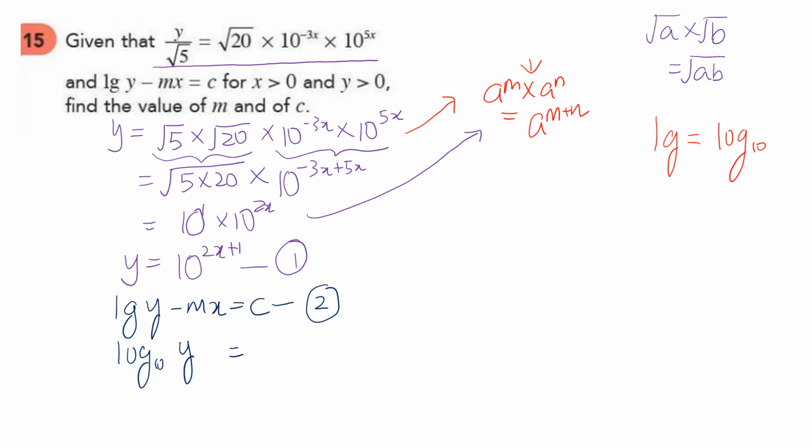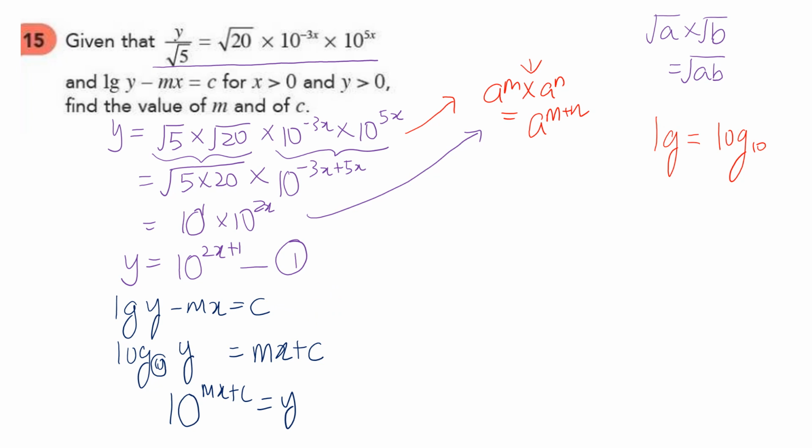That means I add mx on both sides. That will give us log base 10 of y equals mx plus c. And to convert that to index form, always start off by looking at the base, which is 10. So that will give me 10 to the power of mx plus c equals y.